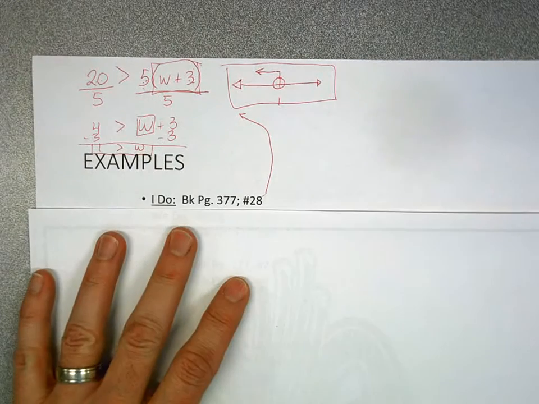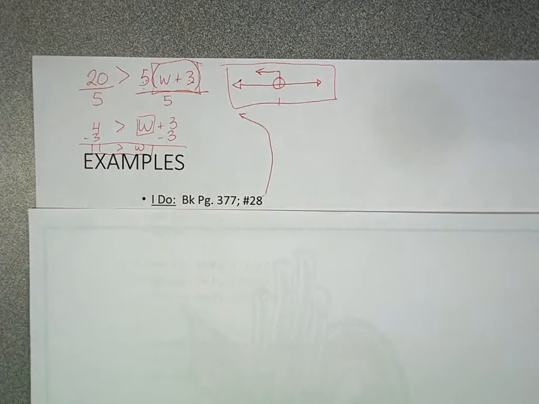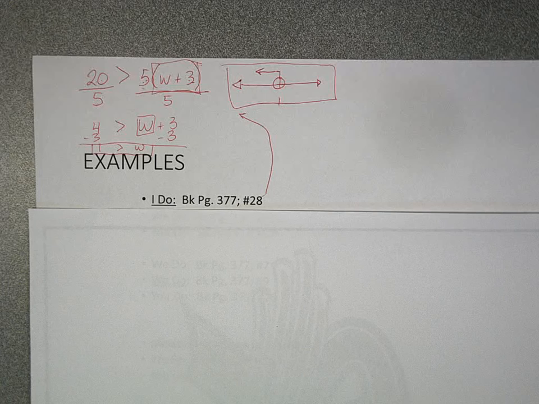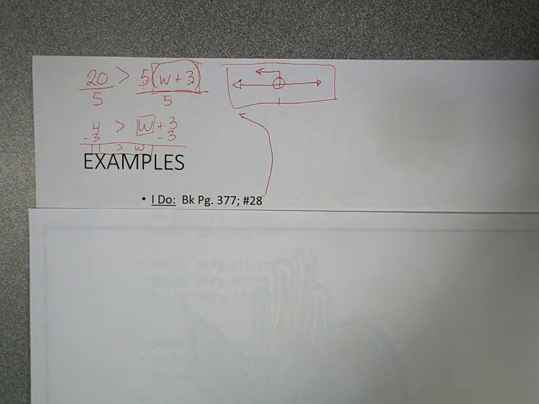So go ahead, I'll give you a few seconds. Go ahead and write that down, problem number 28. And then we'll go ahead and do one together. And a lot of this lesson is a review.